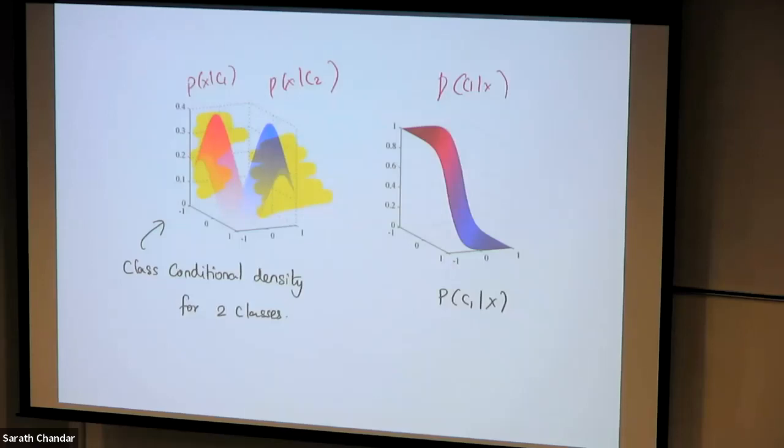You can call it class 2 or class 0, it doesn't matter. Let's just be consistent and call this class 0. So you can see that the probability of C1 given X is very high on the left side, and it is very low on the right side, which is capturing this P of X given C1 and P of X given C2, but with the Bayes rule.